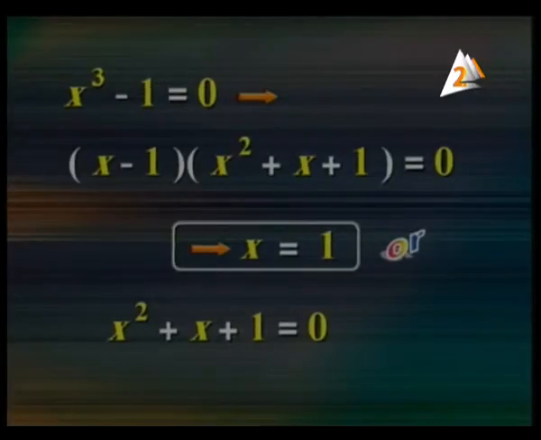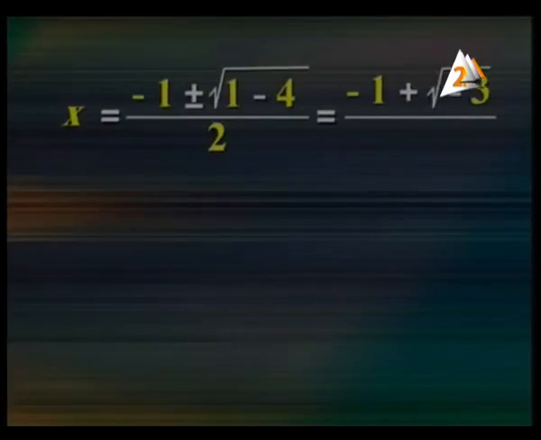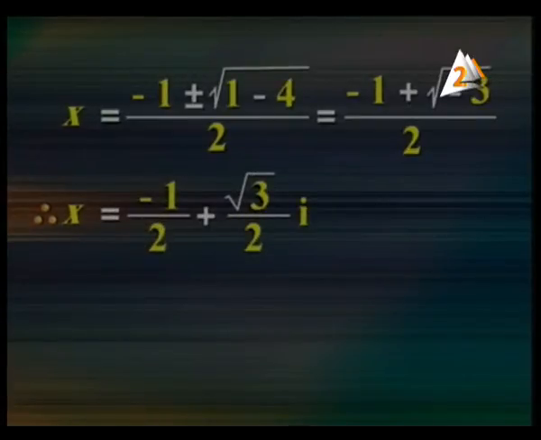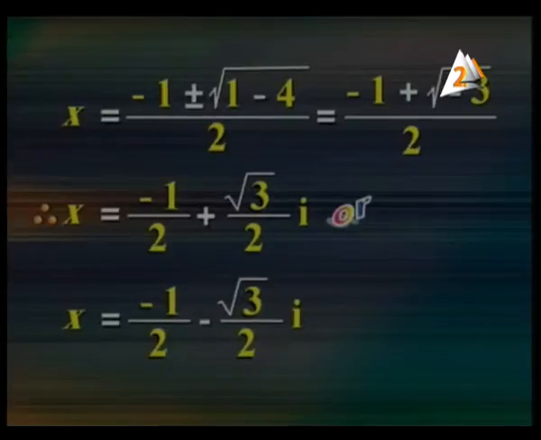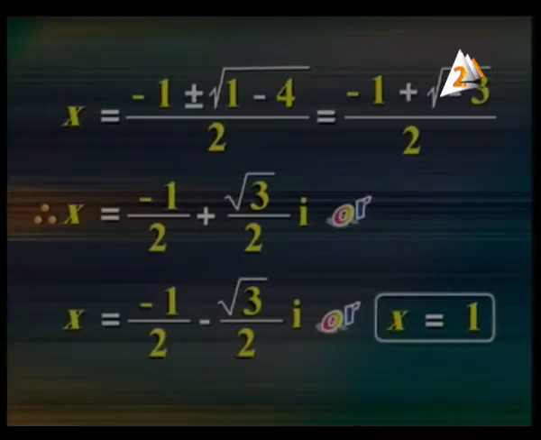What is the value of x? We use the formula. Let x equals negative 1, positive or negative, square root of 1 minus 4, over 2, equals negative 1, positive or negative, square root of negative 3, over 2. Therefore, x equals negative 1 over 2 plus root 3 over 2 i, or negative 1 over 2 minus root 3 over 2 i, or x equals 1.